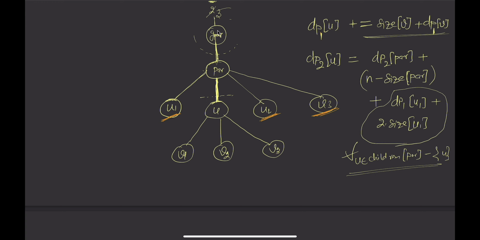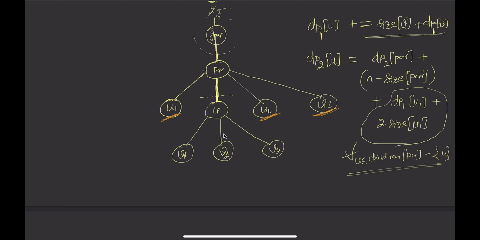But how will I remove them? Okay, I think we can apply this thing here also. For u, for parent I know n minus size of parent. So when I calculate for v, what will I know? What will be the parent? It will be u. So for v1 it will be these nodes, right?